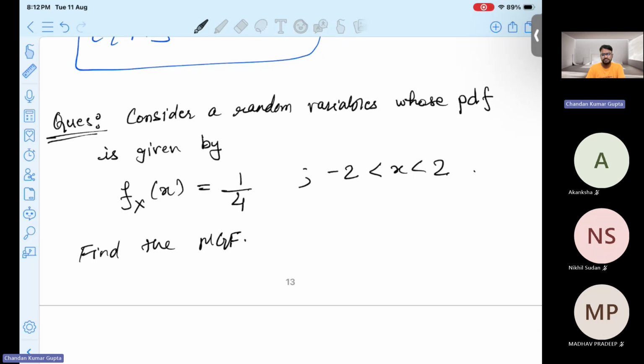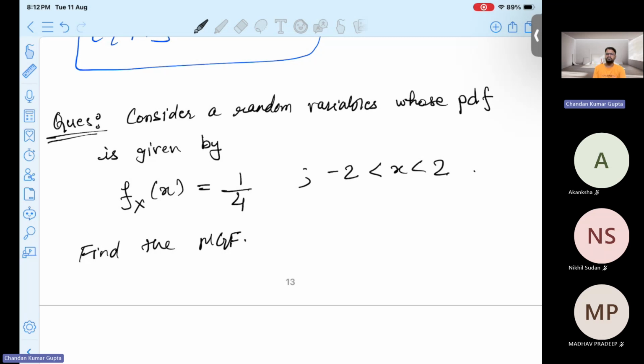That's a simple question. In the next class we will discuss some discrete or continuous standard distributions, and there you will find that this f(x) is nothing but the uniform distribution with parameters -2 and 2.